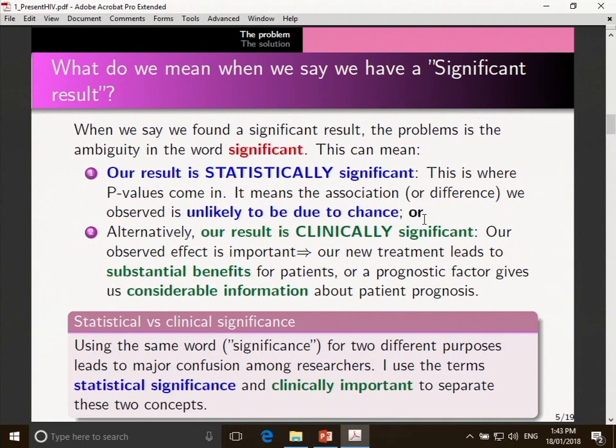Okay, so that's important, as opposed to unlikely to be due to chance. These mean two different things. The problem is we use the same word to talk about these two quite different concepts, significance. To avoid this, I tend to use the words statistical significance and clinical importance to separate these two quite distinct concepts when I talk about these types of things.